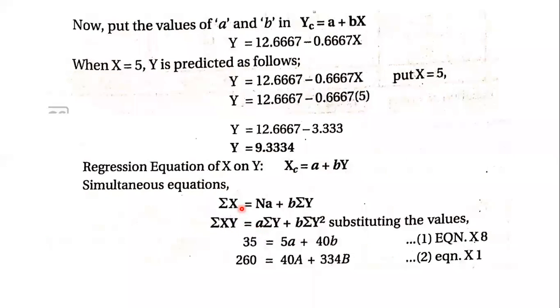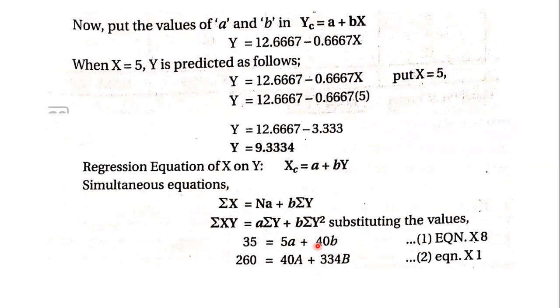Now let us assign all the values from the table that we solved in the starting. So sigma x is 35, n is 5, n will remain the same for both x on y and y on x, that is 5 into a, and then b into sigma y, that is 40.